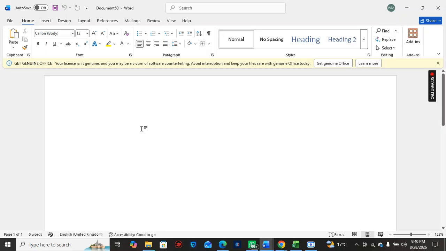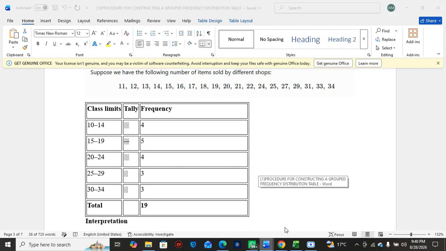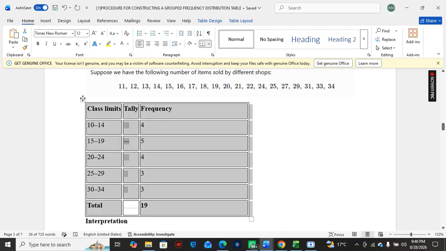Once you've constructed your frequency table, now we'll be able to make our histogram. Let me just copy this.